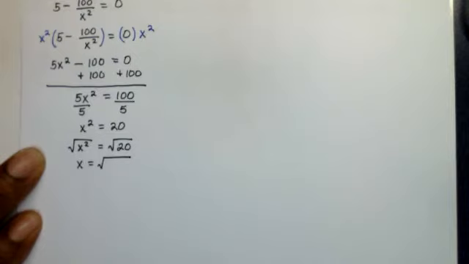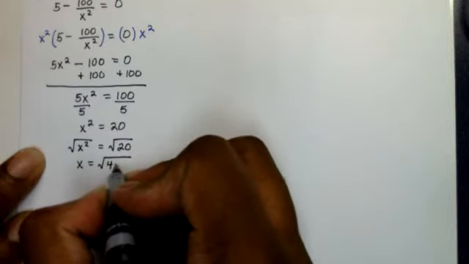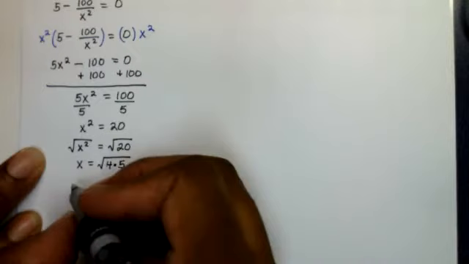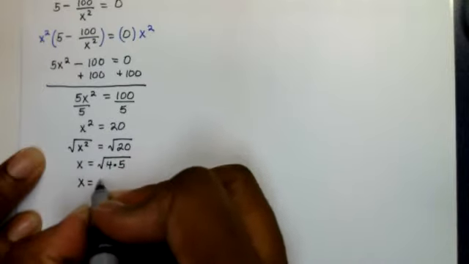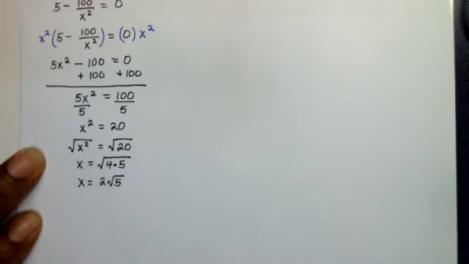Because in the homework, they're going to want you to type in your exact answers using radicals if needed. So the largest perfect square that goes into 20 will have to be 4. That'll be multiplied by 5. And the square root of 4 will be 2. So X is equal to 2 square roots of 5.